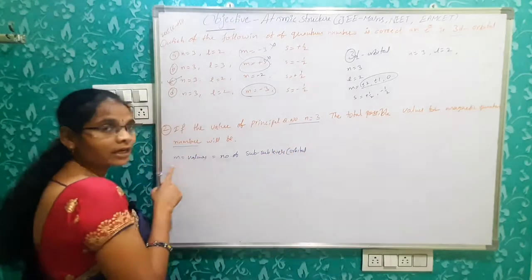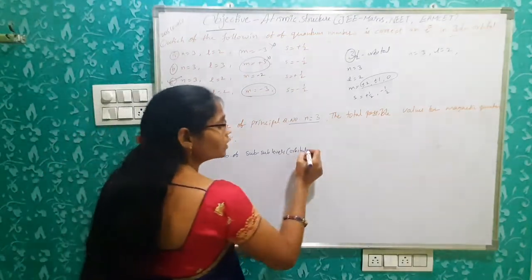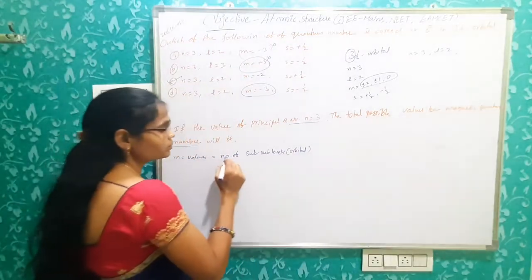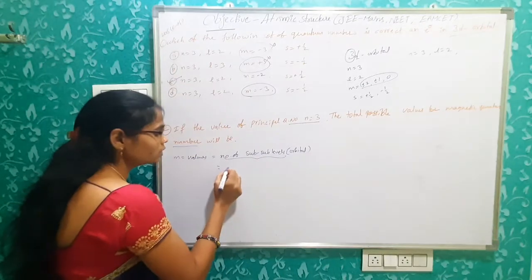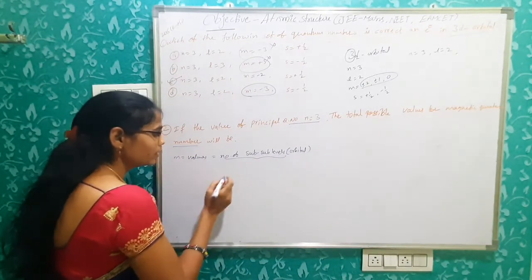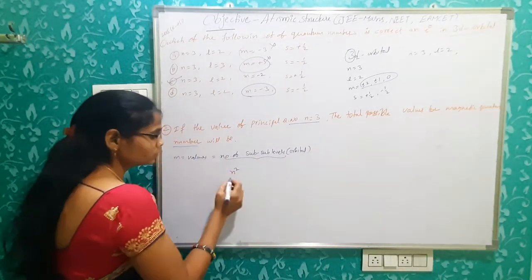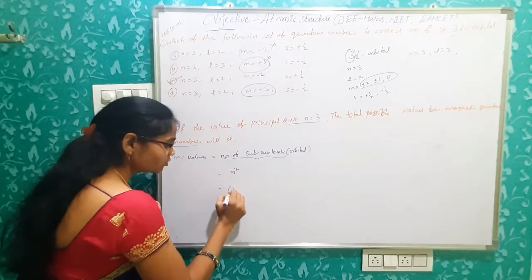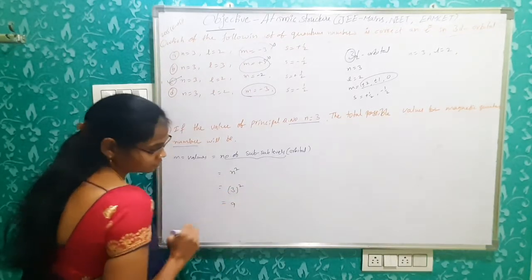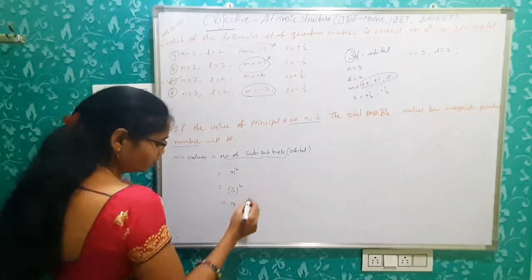Each m value has one orbital, no? So the number of sub levels in that orbit is equal to n square, that is 3 square.